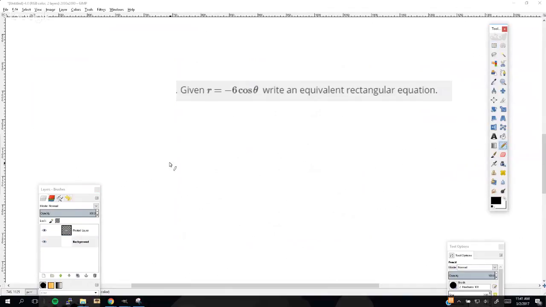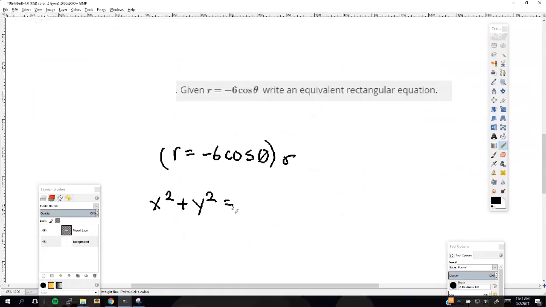So we know that we can times both sides by r, and that just becomes that.